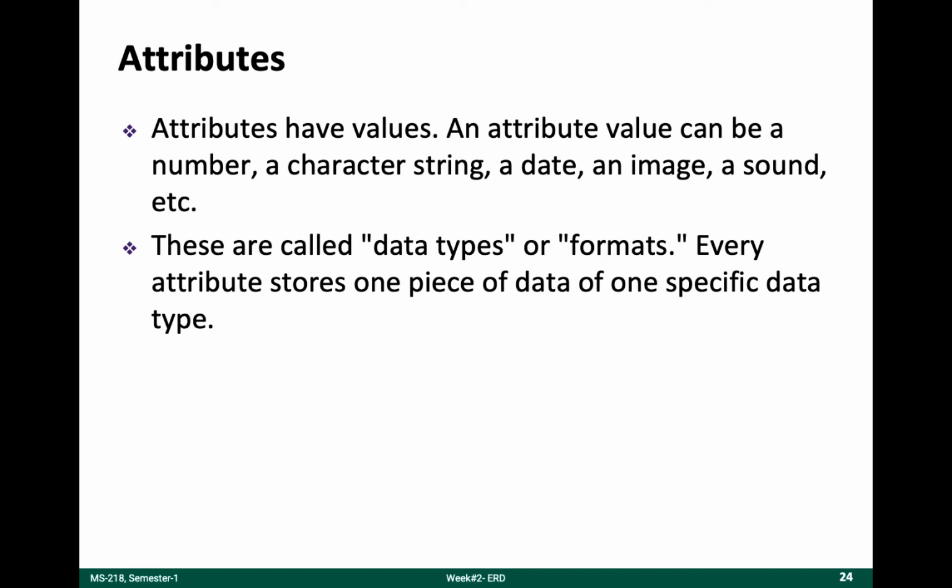These are called data types or formats. What is the format or data type of your attribute value? That is very important, okay? And we have only 5-6 data types that are widely or mostly used. There are so many, might be 13 or 18 in Oracle, but 5-6 are more than enough to make a good database in Oracle.